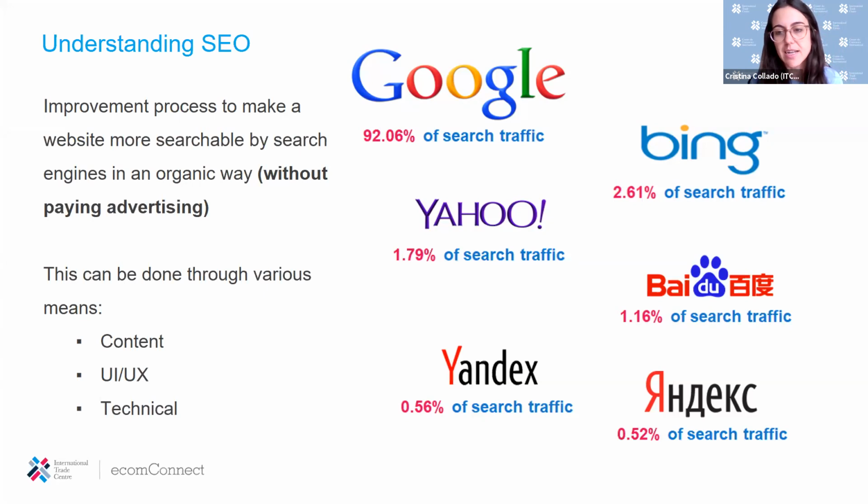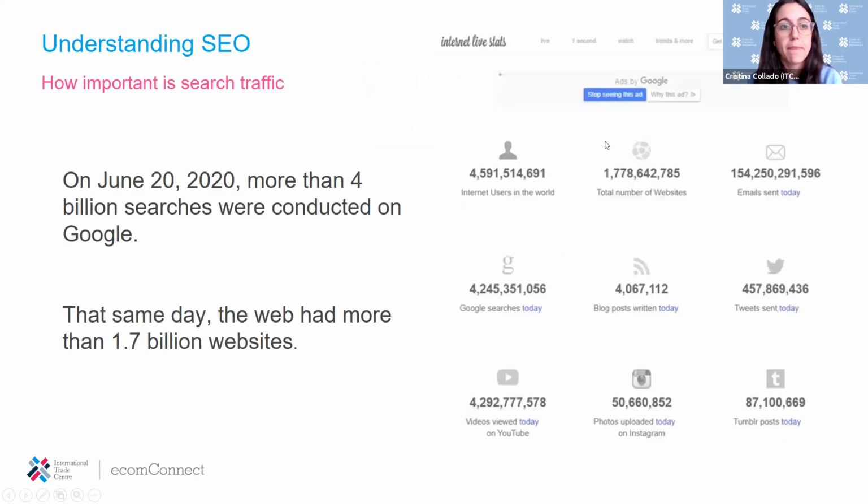But on this slide, you also have other search engines, like Bing, Yahoo, Baidu in China. And it's important to understand the algorithms of all of them to be able to optimize for all of them.